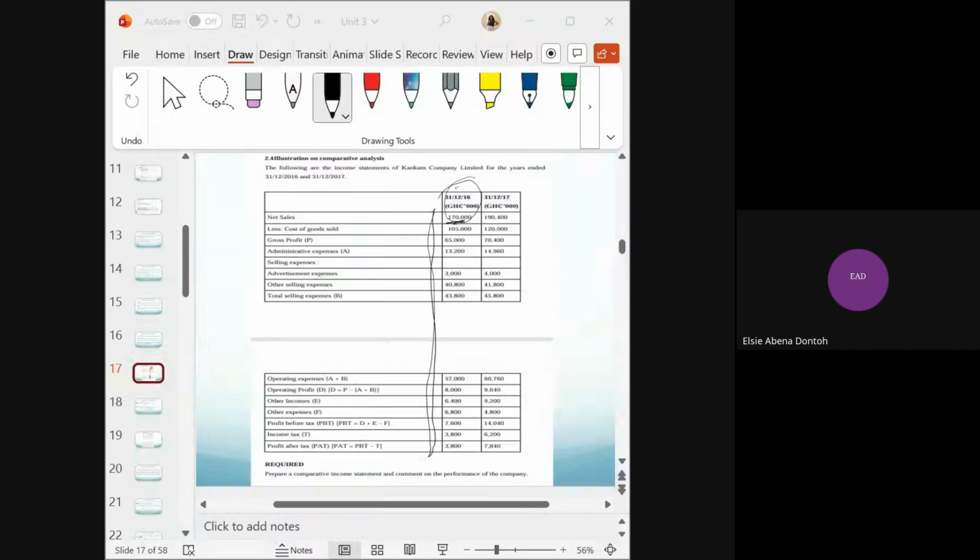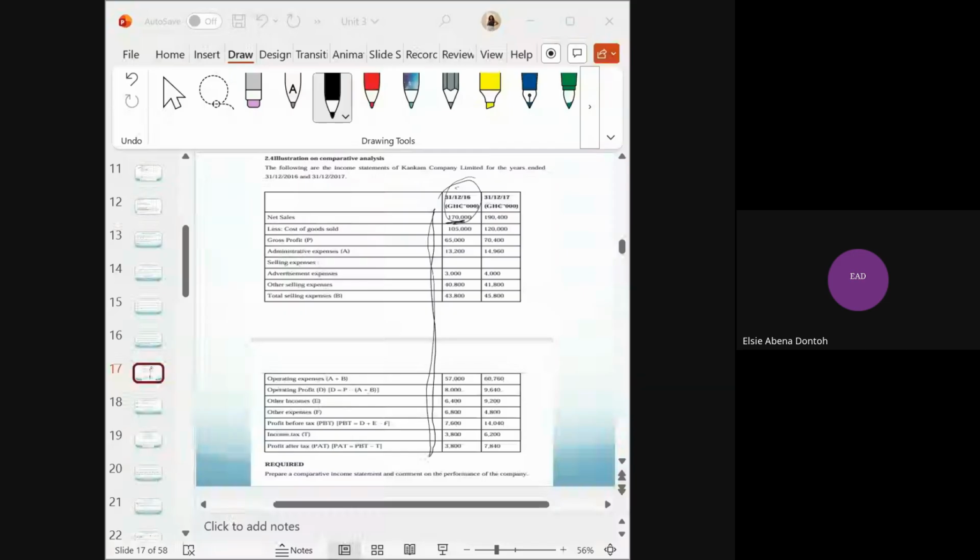And I was making an example earlier on that when net sales is say 100 cedis and then it increased to 200 cedis, in percentage terms, we'll say there's 100% increment, right? Yes, madam.